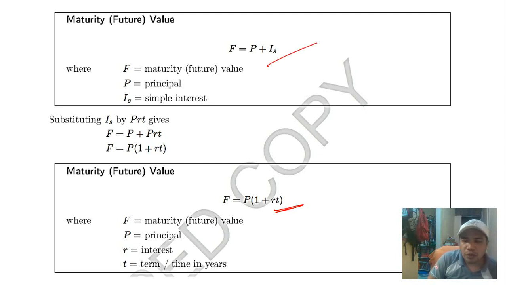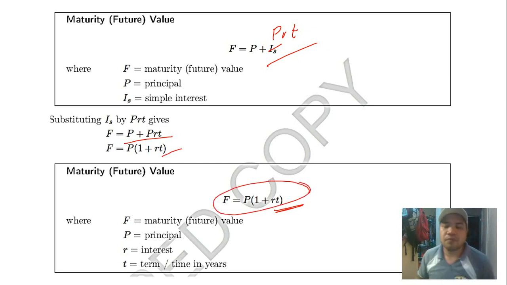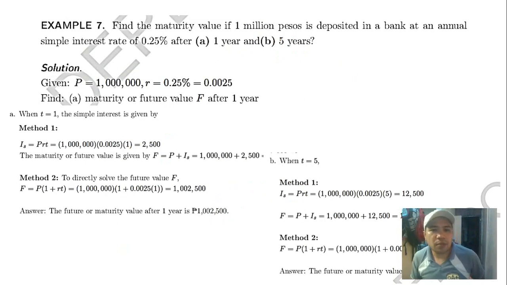So, for the maturity value, F is equal to P plus the interest. Technically, I is equal to PRT. So, P plus PRT. Then, factor out P. So, P times 1 plus RT. That's it.